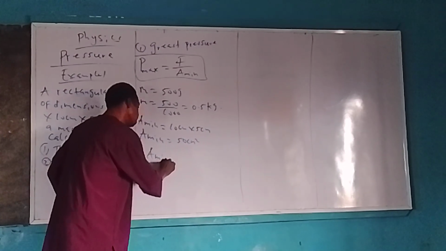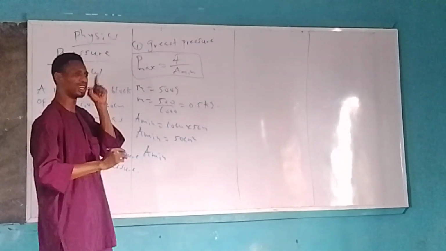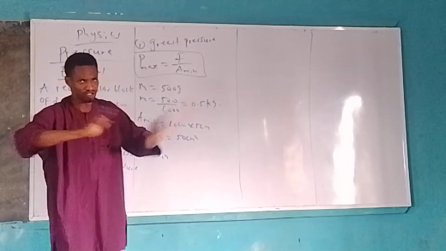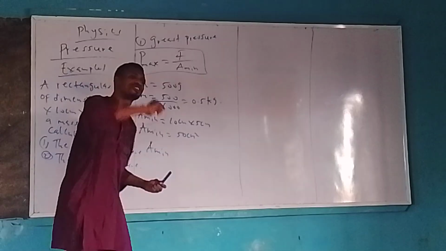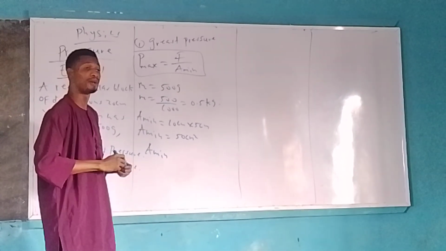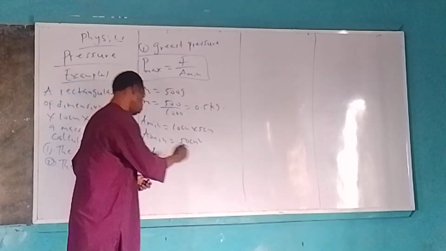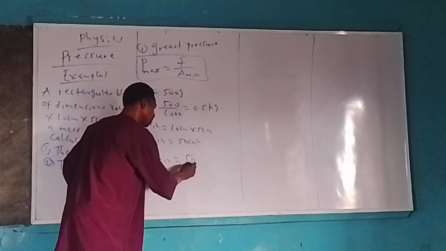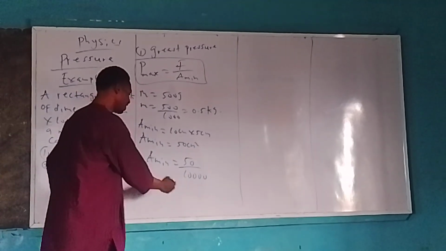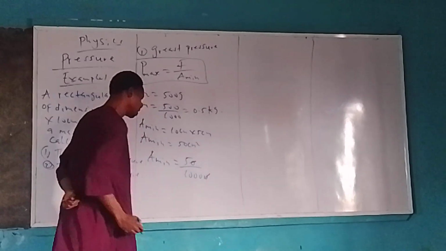Now, this minimum area. To convert centimeter square to meter square, don't stress yourself. Just divide the number by 10,000. So just pick this 50 and divide by 10,000.